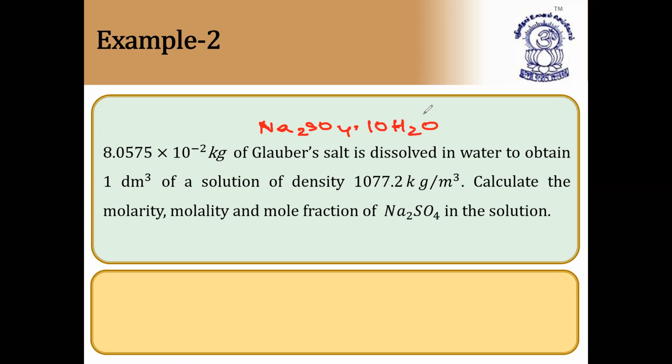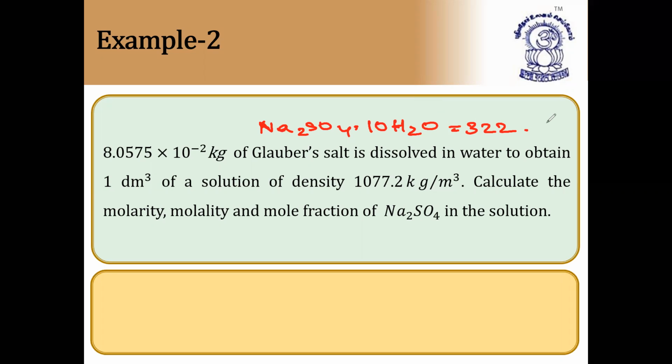So molecular mass, if you calculate: sodium 23 into 2 is 46, plus sulfur is 32, plus 64 for oxygen, plus 10 into 18, that is 180. So it is coming out 322. Molecular mass of Glauber salt is 322, that is the molecular weight.